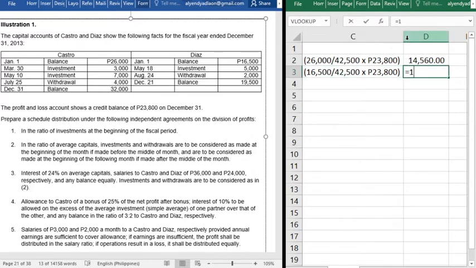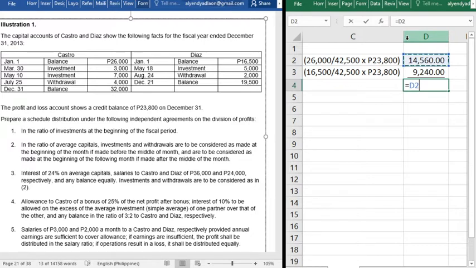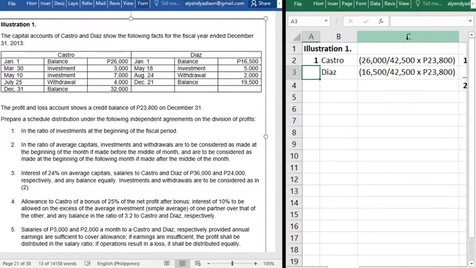And then we have 16,500 divided by 42,500 multiplied by 23,800, so we have 9,240. If we compute 14,560 plus 9,240, that is 23,800. Therefore, for Castro we have 14,560, and for Diaz we have 9,240. As simple as that. That is how we compute the profit based on the beginning balance.